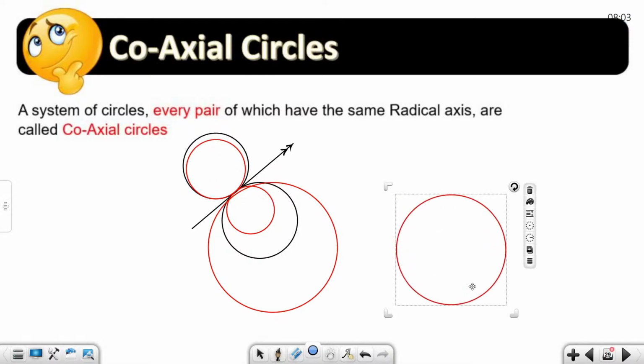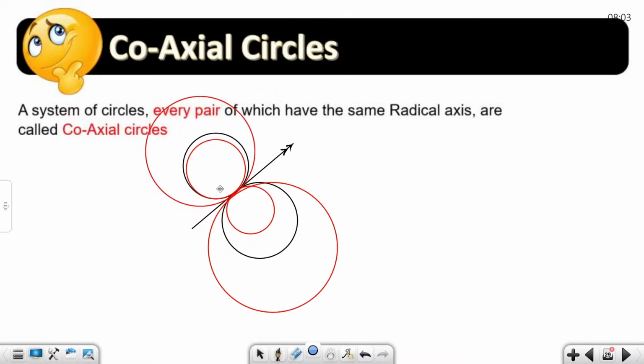If you take pairwise all these circles, any pair you choose, if I choose this pair and this pair, these two pairs are also going to have the same radical axis. Am I correct or not? Now such kind of circles are called coaxial circles. They are having the same radical axis.